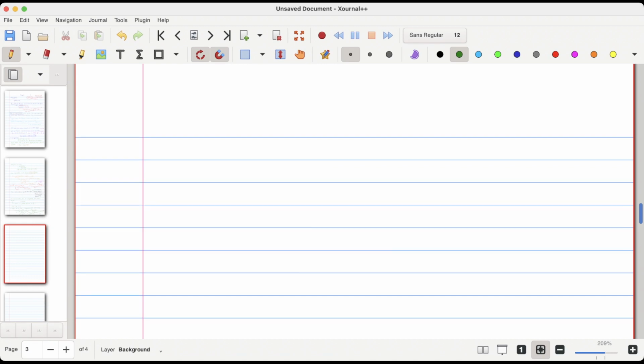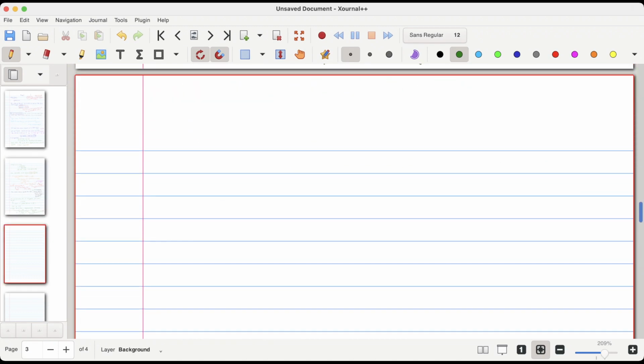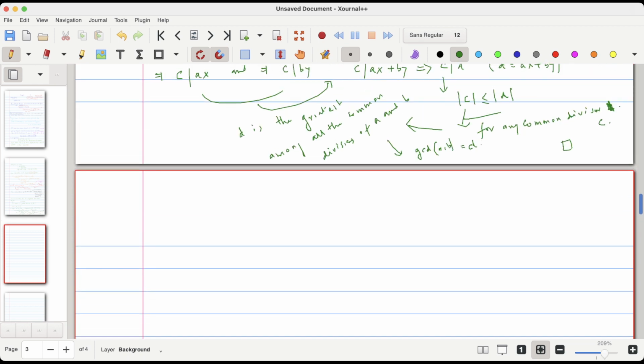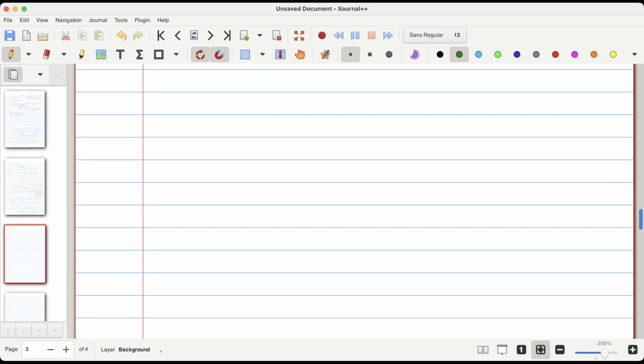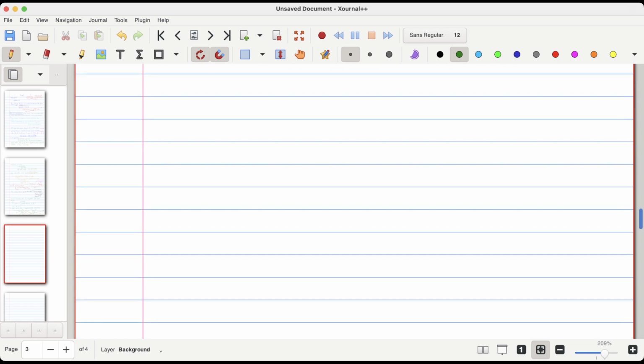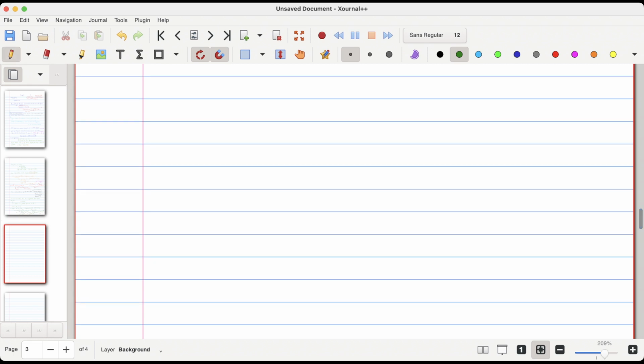Let's continue again where we left off. So we have proved Bezout's theorem. Now we have certain corollaries regarding Bezout's theorem.